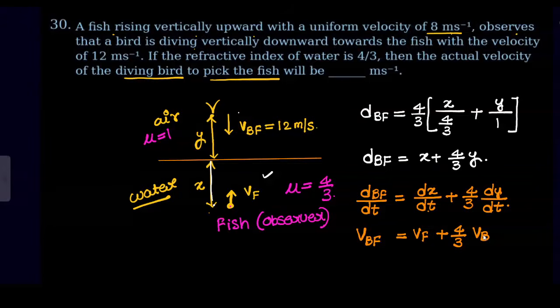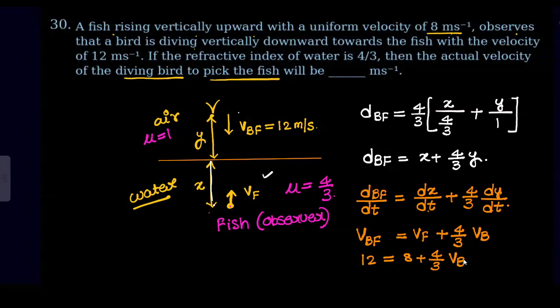That velocity of the bird we need to find now. This value is 12 given, vf is given as 8, plus 4/3 times the actual velocity of the bird.